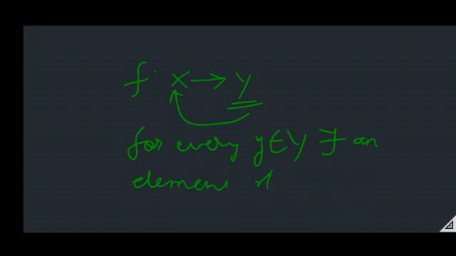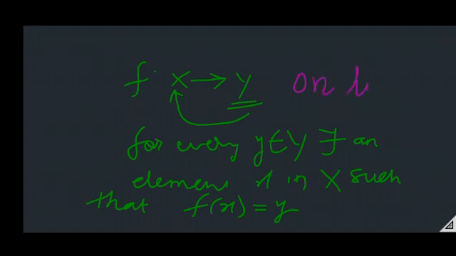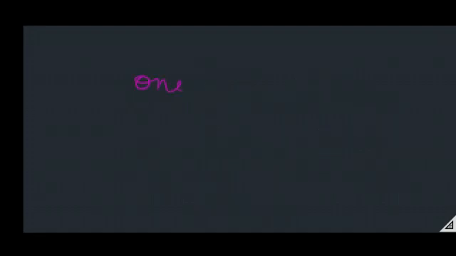It means for every y belonging to Y, there exists an element x in X such that f(x) equals y. Okay, is it clear? If this case is followed, then the function is said to be onto.